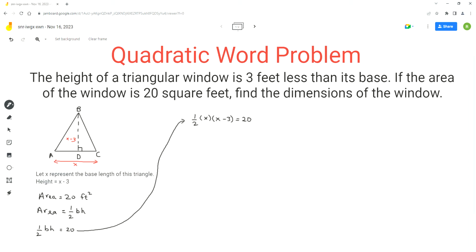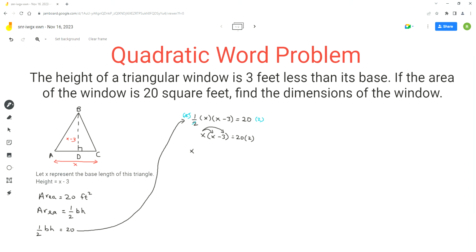So we have to isolate x. The first step is to get rid of this 2 in the denominator, so we can multiply both sides by 2. The 2's on the left side cancel each other out, and we are left with x times x minus 3 equals 20 times 2. Now we can distribute this x into the parentheses.